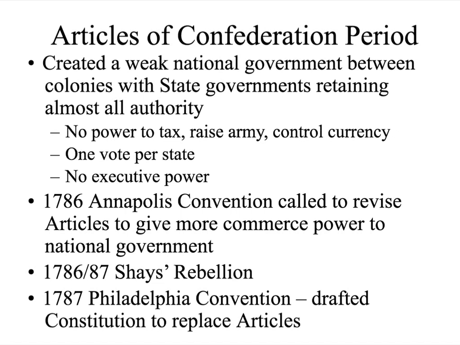So in 1786, James Madison and also George Washington called a convention in Annapolis in Maryland to try to revise the articles to give more control over commerce to the national government. I'll just give you one example of some of the problems that were emerging.